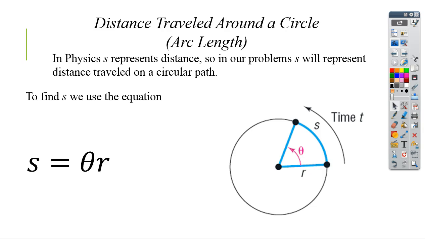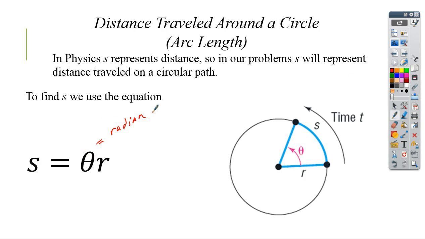But before we can cover the speed, we need to first talk about our distance around a circle, or arc length. Okay? Our arc length is just a simple formula, or the distance traveled: S is equal to theta times R, where theta is equal to radians.